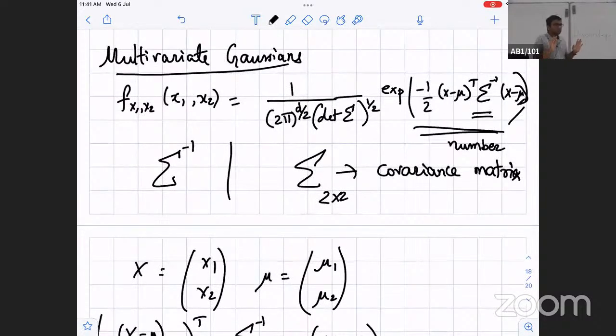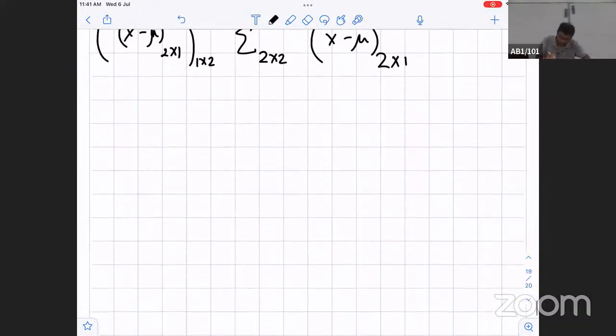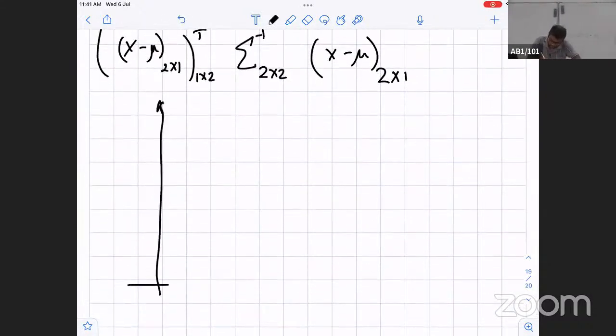Do you understand how this is behaving? There is some center, and as you move away from mu, that number becomes positive, larger and larger. The negative of that will become smaller. If you imagine this for different values, you will get shapes like this. Let me try to draw it in 2 dimensions.